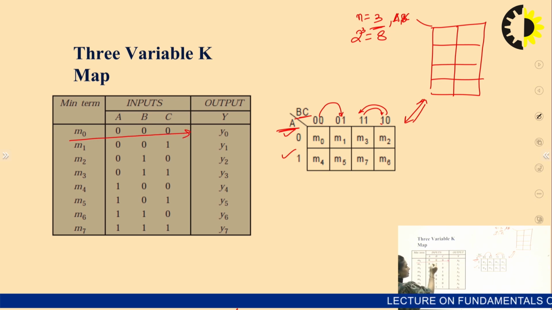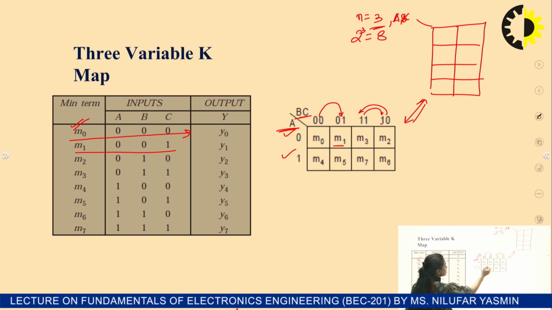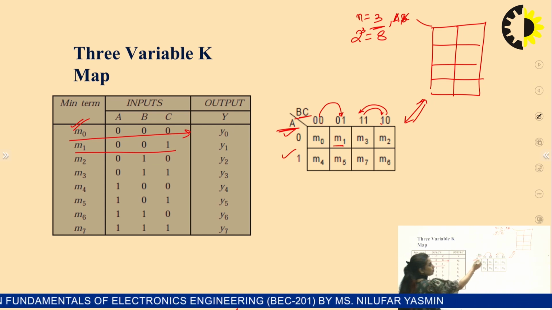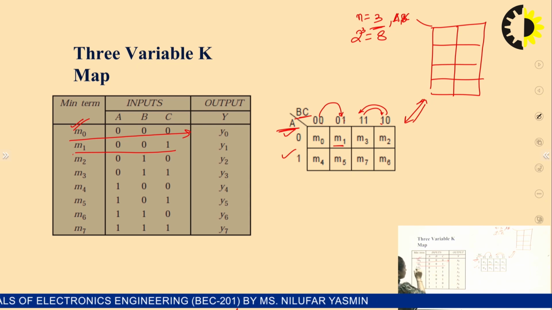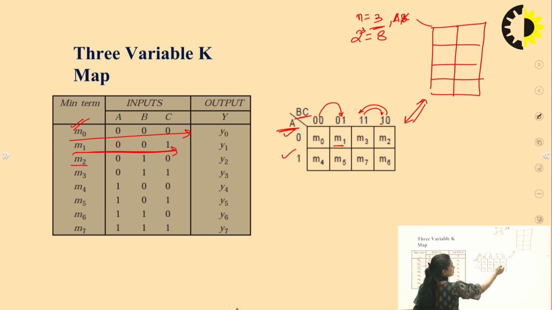So for ABC 000, I'll give it the designation M0. For 001, A is 0, B is 0, C is 1, which is M1. For 010, it is M2.